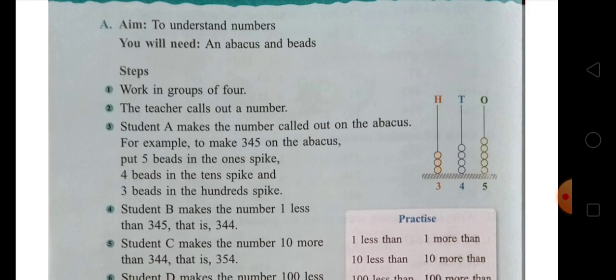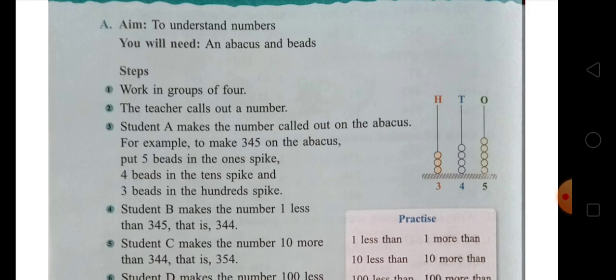Student A makes 345: put 5 beads in the ones spike, 4 beads in the tens spike, and 3 beads in the hundreds spike. Now the second student, student B, makes the number 1 less than 345. 1 less than 345 is 344, because when we subtract 1 from 345 there will be 344.